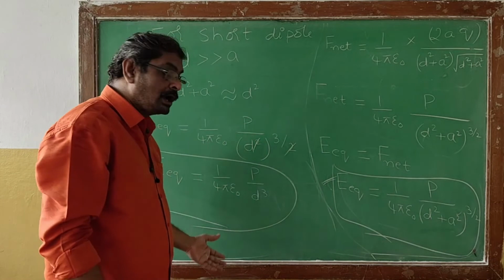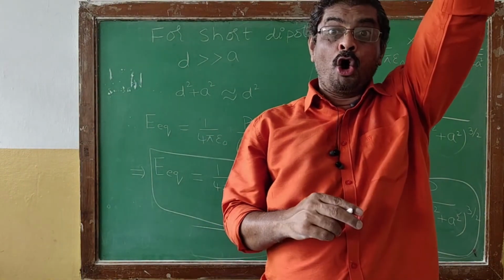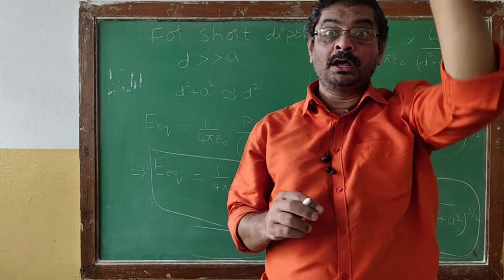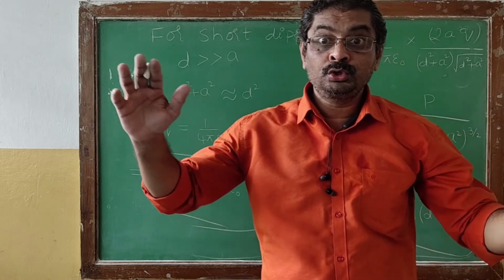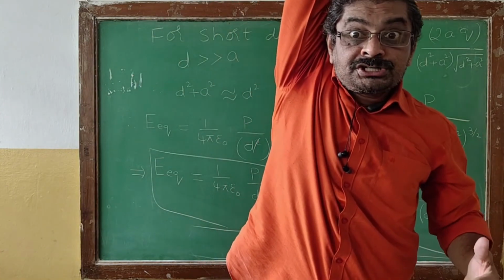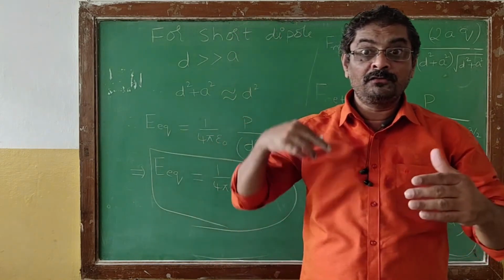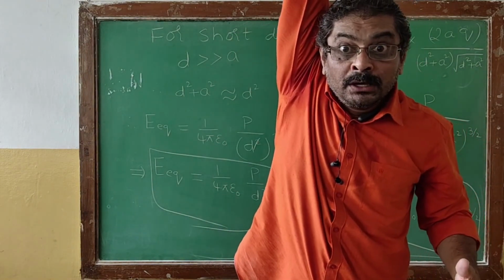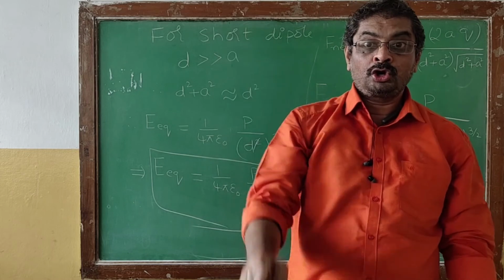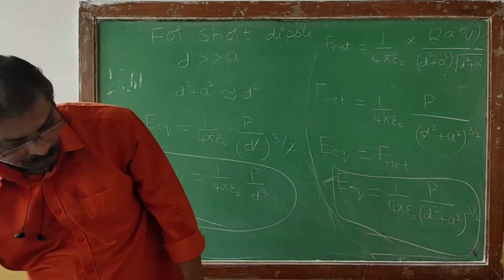This is the formula we got, and this is what we wanted to derive: the electric field on the equatorial line due to a shorter dipole.